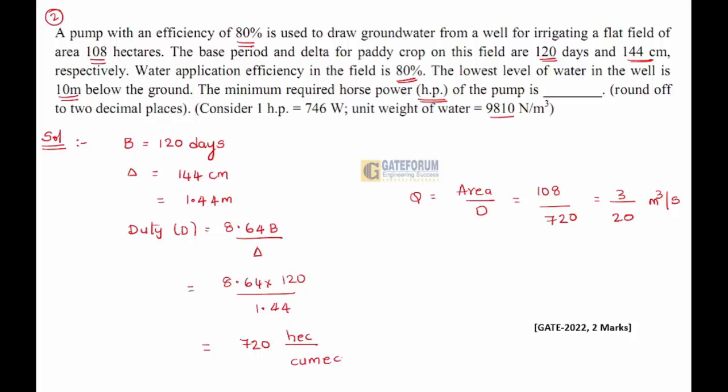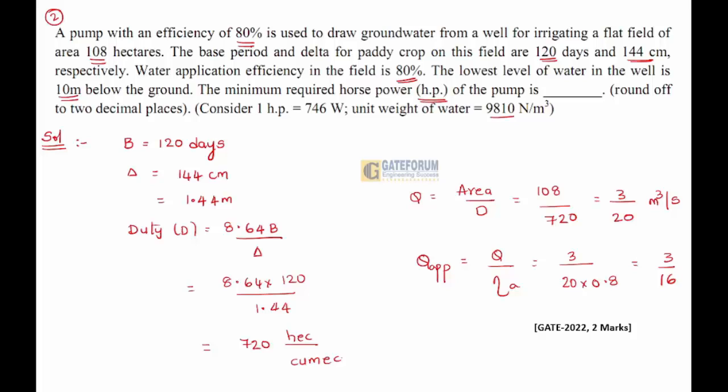So we write discharge applied is equal to Q by efficiency. 3 by 20, efficiency is 80%, this is 0.8, which will be 3 by 16. So this is your applied discharge.